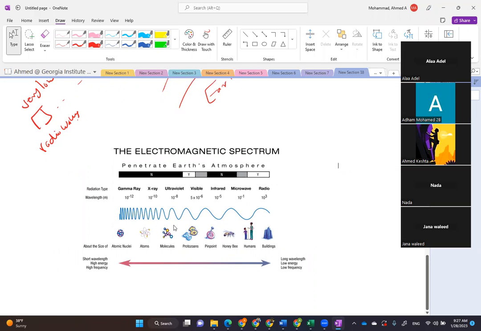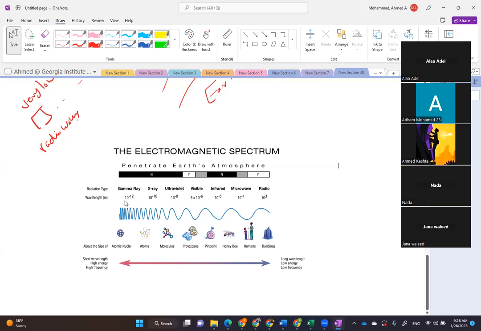So we start with the radio wave, which has the lowest energy, and the gamma ray is the most energetic radiation. More energy means low wavelength, and less energy means high wavelength. The wavelength is inversely proportional to the energy.